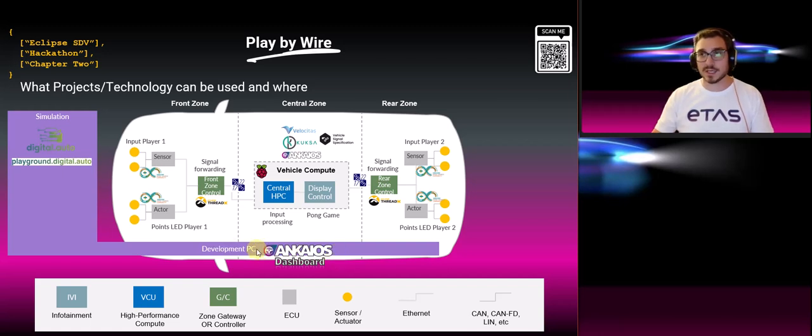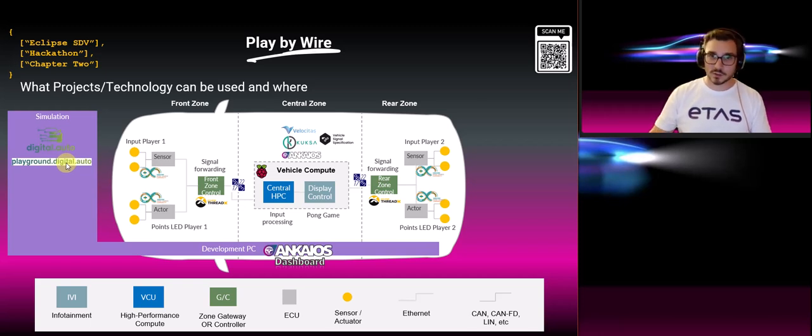This can be executed on your development PC, what is connected also to the virtual car. And of course, before you try it out on this environment, you can try it out and prototype it on the digital auto playground.